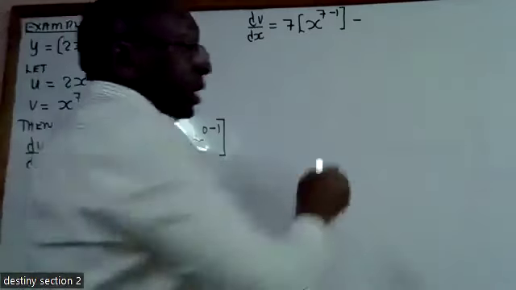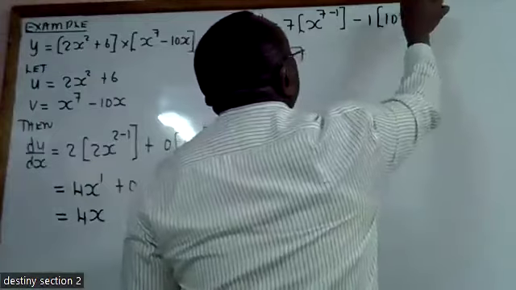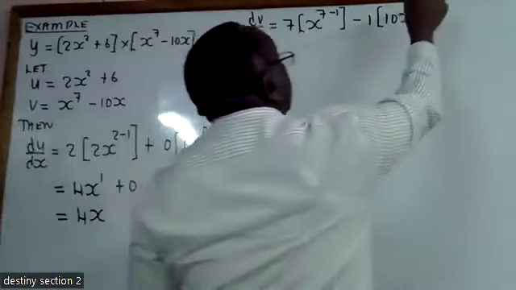The x is raised to power 1, so it is 10x raised to power 1, so 1 minus 1.